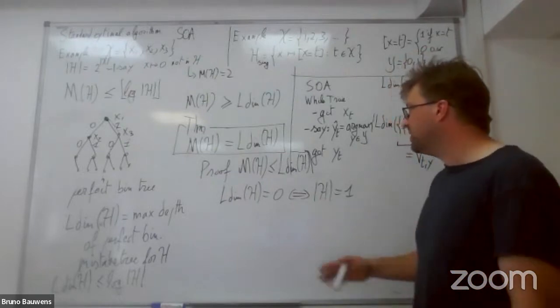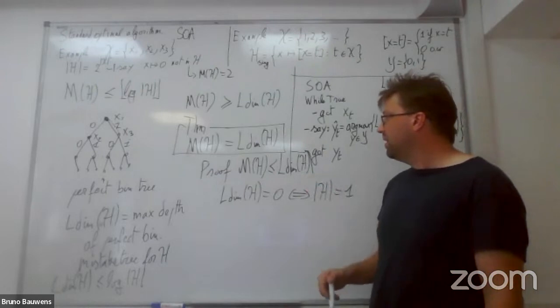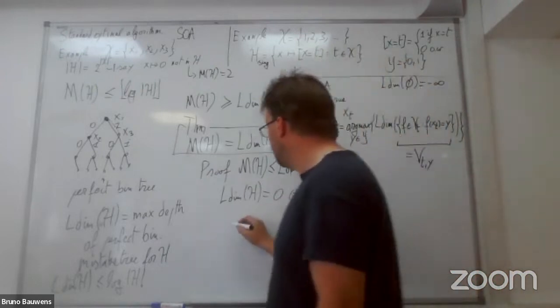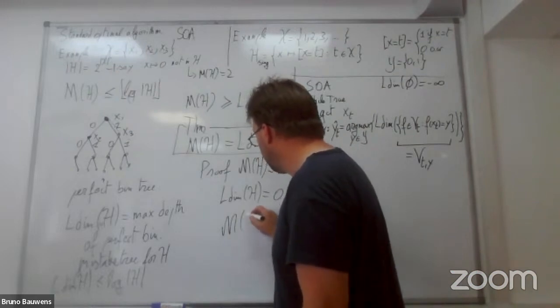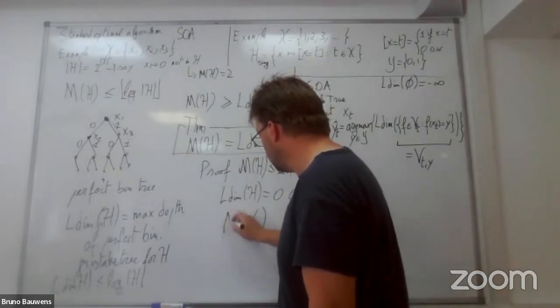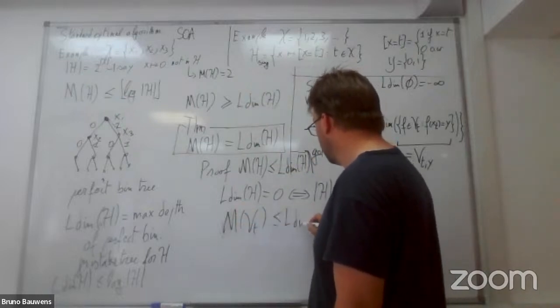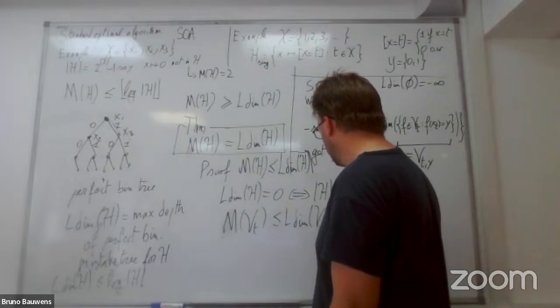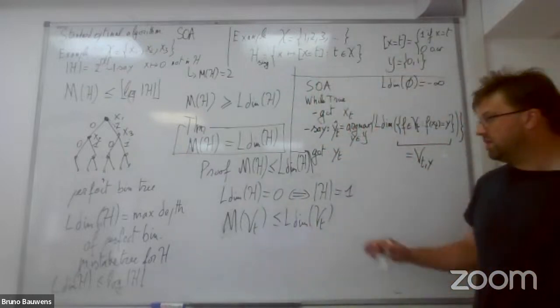So we prove this claim by induction on the Littlestone dimension. The stronger claim will be that at any moment in the algorithm, the mistake bound of the version space is smaller than the Littlestone dimension of V_t. So that's an invariant.